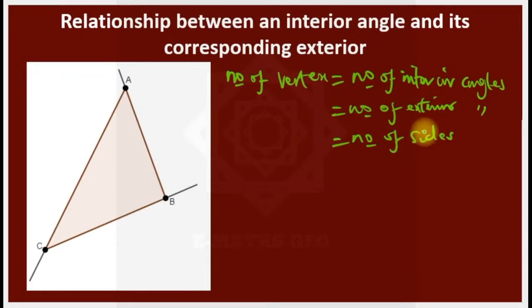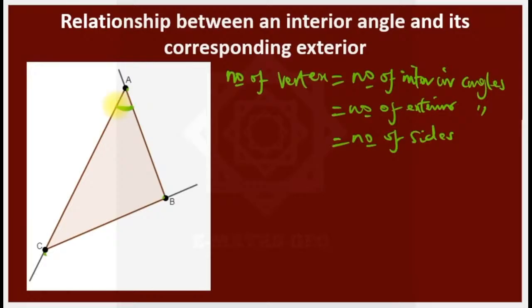So whenever you're given the total number of vertices, we still have the total number of sides. Like this, we have 3 vertices, 1, 2, 3, and we have 3 sides, and we still have interior angles.